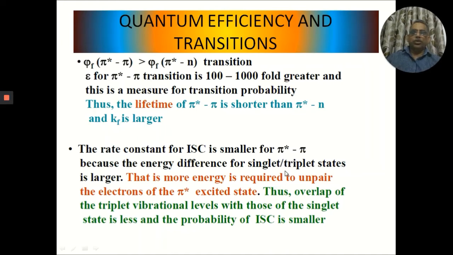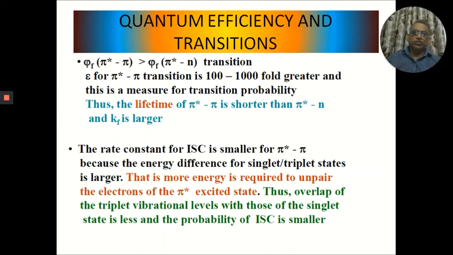So overall, the pi to pi star orbital is showing a higher quantum efficiency when compared to the n to pi star orbital, and the intersystem crossing efficiency is lower in the case of the pi to pi star orbital. That is how the quantum efficiency is connected with the electronic transition.